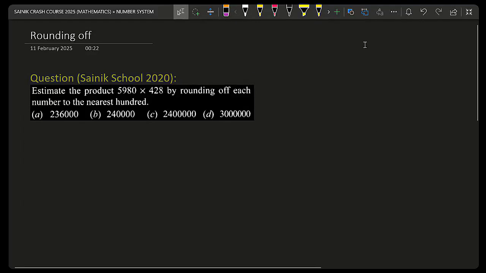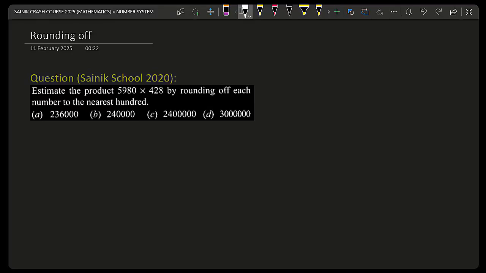Pranay, can you answer this question? Sir, you said for this question we have to write the question. Yes, you have to write the question and solution also.